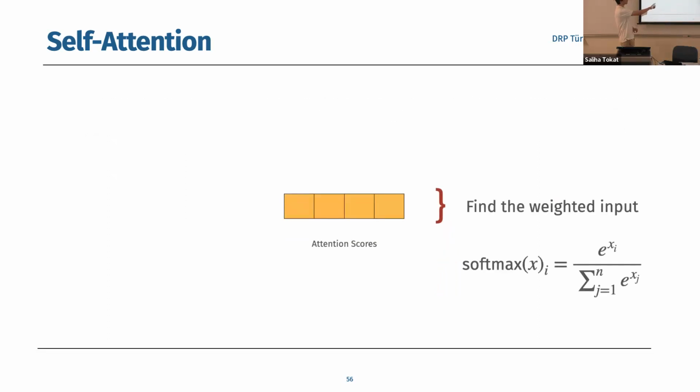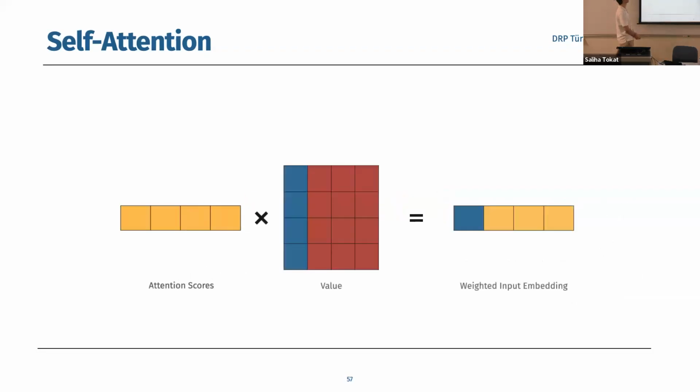After that, we are finding the weighted version of our inputs. We are just applying the softmax function to get probabilities between 0 and 1. And for the last step, we are multiplying our attention scores with the value vectors to get the final version of our word embedding.